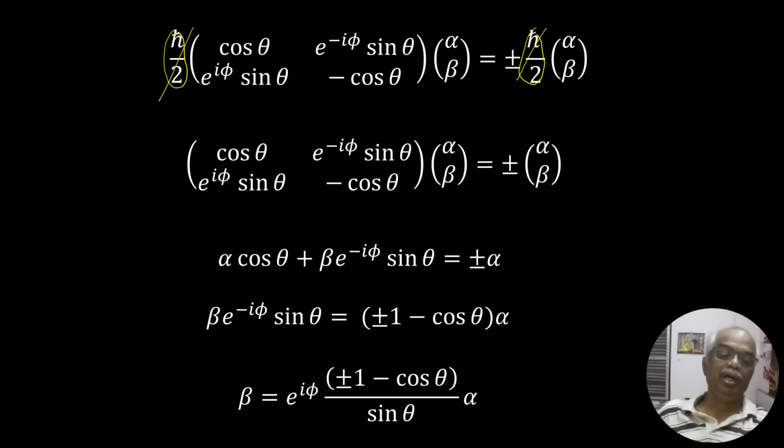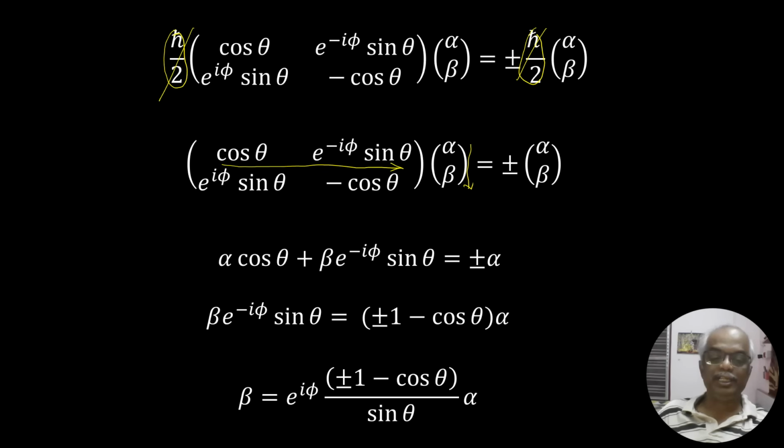Now you can take the first row and multiply with the column. You can take the second row also. I guarantee that you will get the same result.